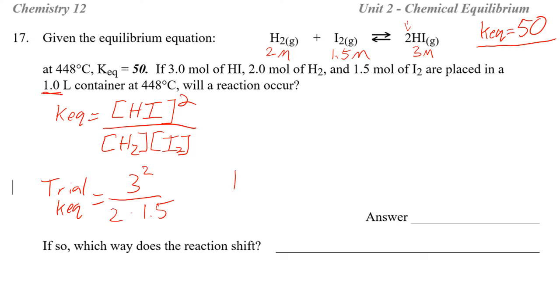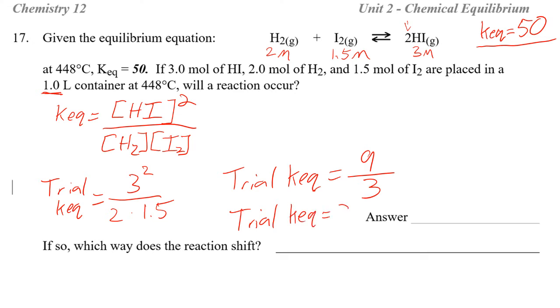Anyways, you don't have to do this part, but trial KEQ is going to be equal to 3 squared, which is just 9, over 2 times 1.5, which is just 3. You can do this all in your calculator if you want. 9 divided by 3 is just 3.